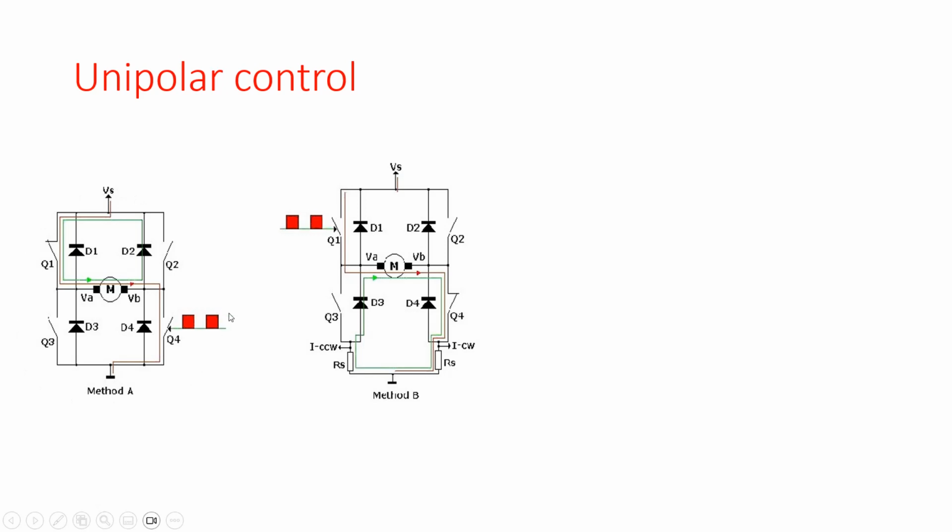This is my H-bridge, and in that H-bridge I have drawn switches instead of MOSFETs, because we use these MOSFETs as switches, so it is quite easy to replace them by switches Q1, Q2, Q3 and Q4.